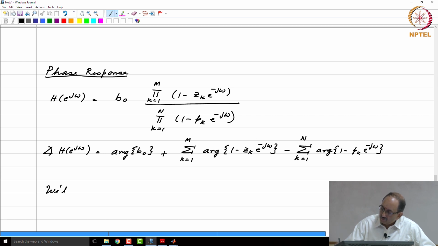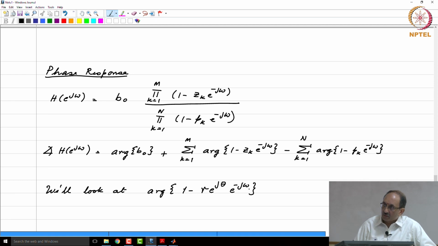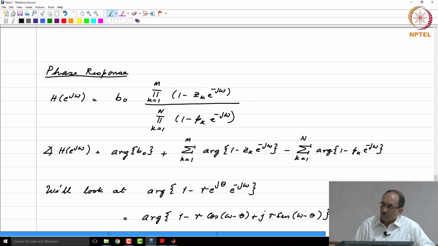Therefore, we look at the argument of 1 minus, let us take the zero to be at r e to the j theta, times e to the minus j omega, and this of course is arg of 1 minus r cos of omega minus theta plus j times r sin of omega minus theta.